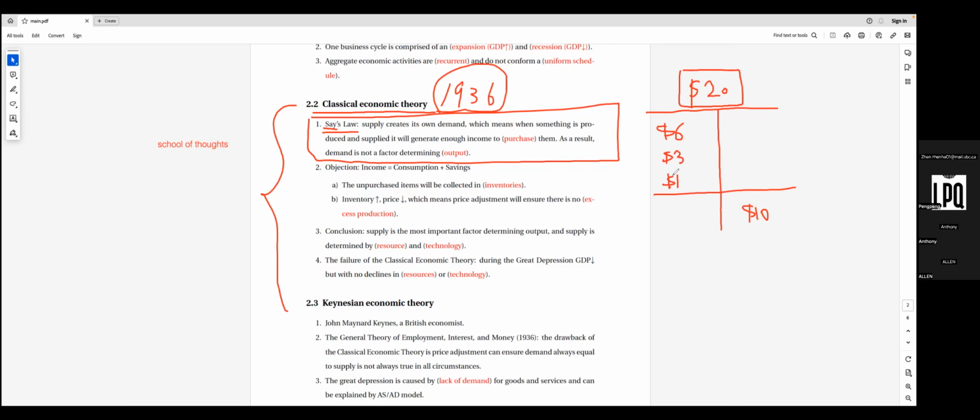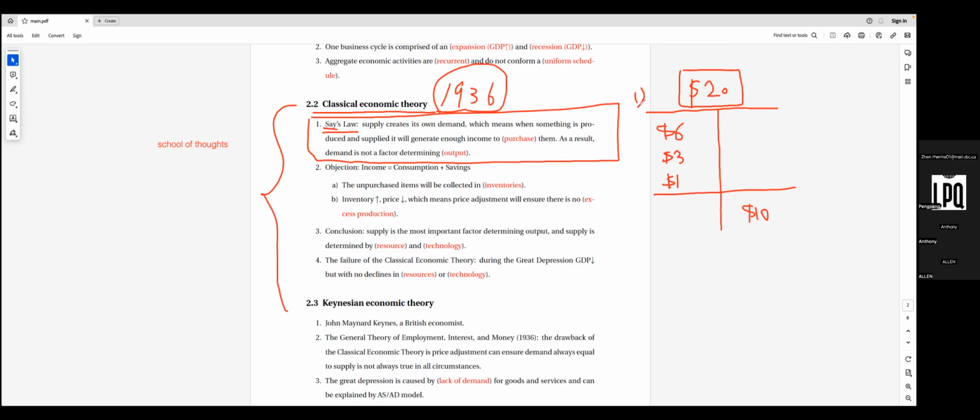And all these smaller numbers are actually income made by different people involved in this production process. As long as you contribute something to this production, you can get some money. And if we add up everybody's income together, it must be equal to the price of the product.